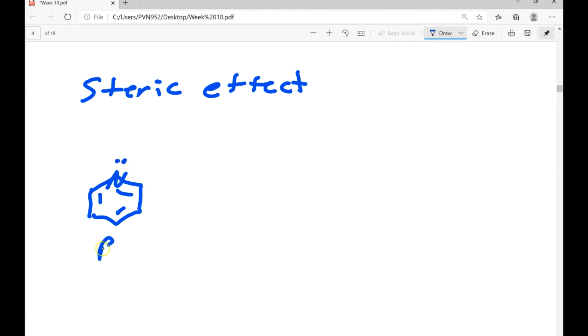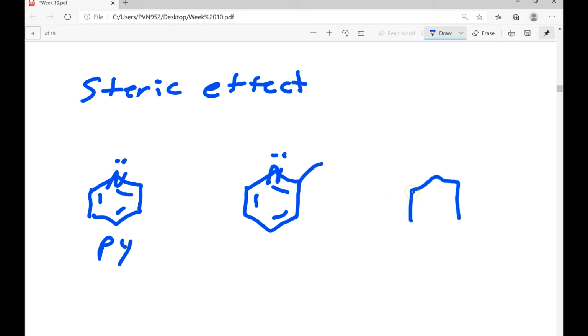So I have pyridine, and then let's imagine I have two different types of picoline molecules. So picoline is just essentially pyridine with a methyl group on it. And let's say we want to rank these in terms of basicity.